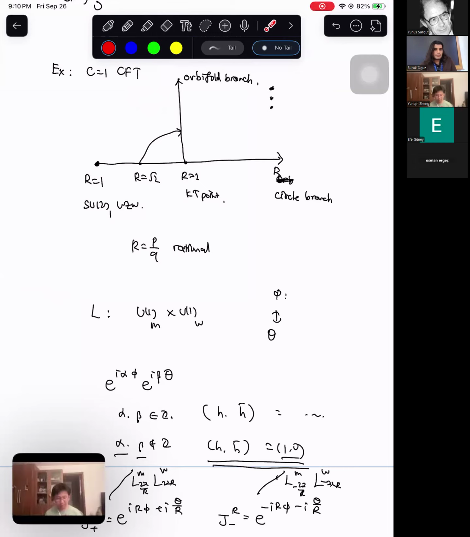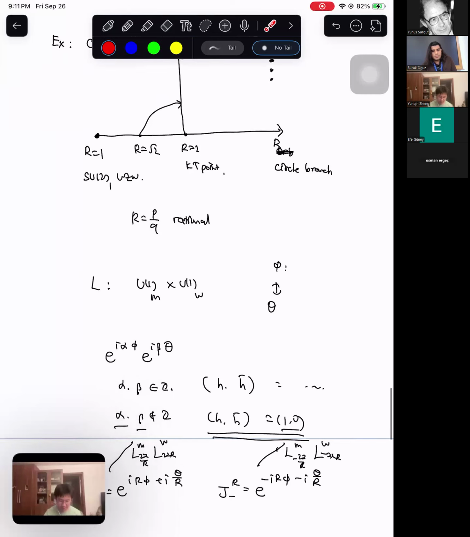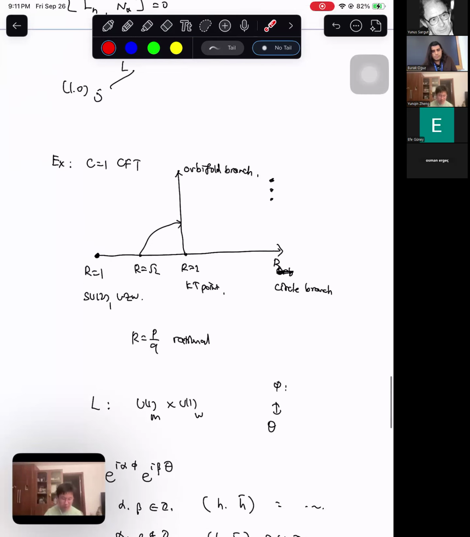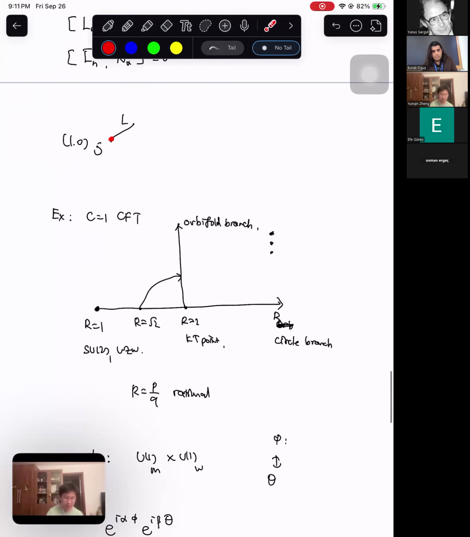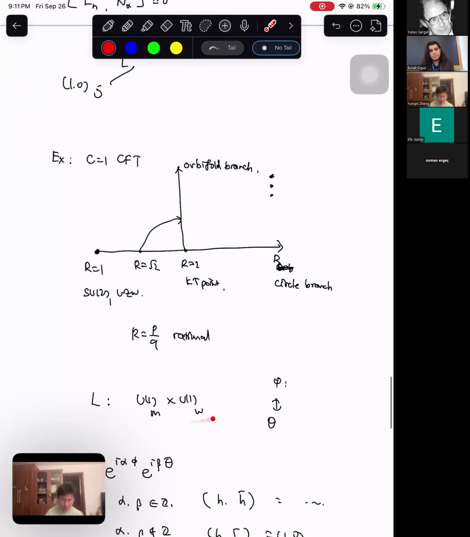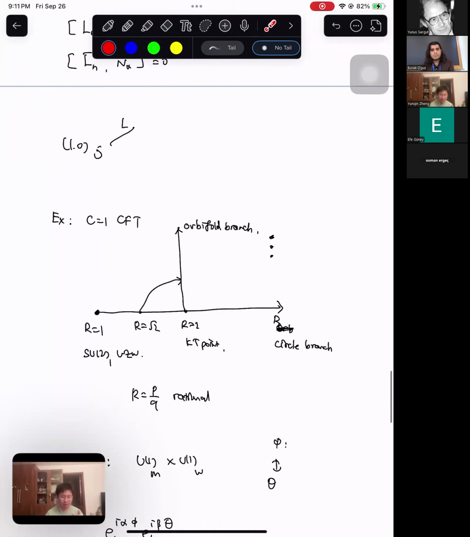That's a good point. We haven't worked it out, because in that case, we have to work out the... Yeah, that's a very good point. Because in here, we want to find this twisted sector operator attached to some line L, and we restrict this L to be these two U1s. But now you ask what happens if this L is a T-duality topological operator.